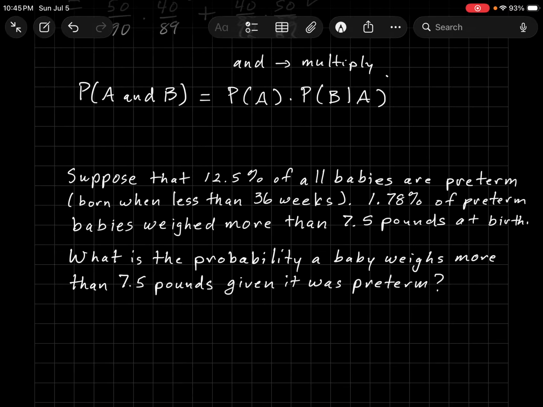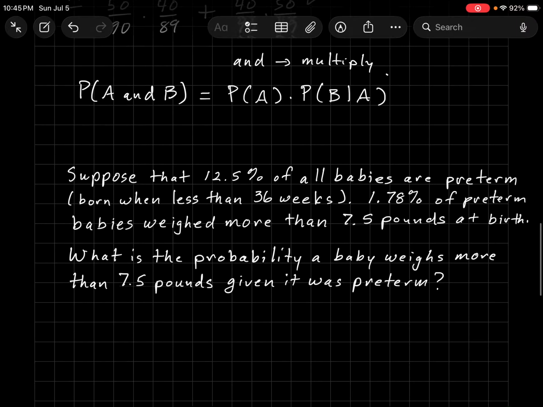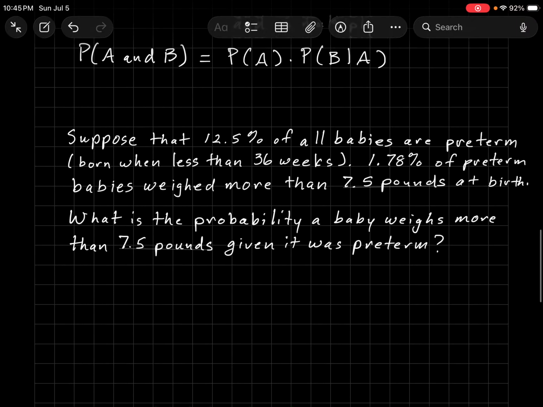Given A. So this is the formal notation we use when there's conditional probability. That is when my second choice depends on my first choice somehow. Now, why do I show this formula? Because I'm not a fan of formulas unless I have to use them. It's because I kind of have to use it in this next problem.